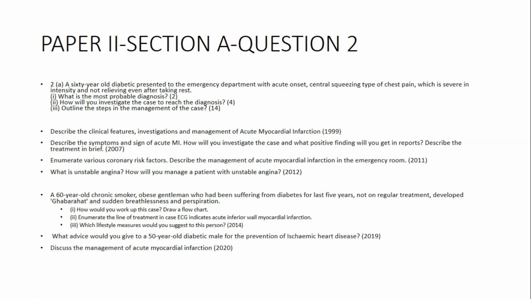If nothing is given in the question, go for STEMI. Manage it like ST segment elevation, because that is the most severe form. You are not missing out on life-saving reperfusion therapy. Diagnosis is always based on investigations. By the time you find out whether it is unstable angina, NSTEMI or STEMI, the only basic difference is that medical management is the same, but the reperfusion therapy point of view is added in STEMI because it's life-saving.